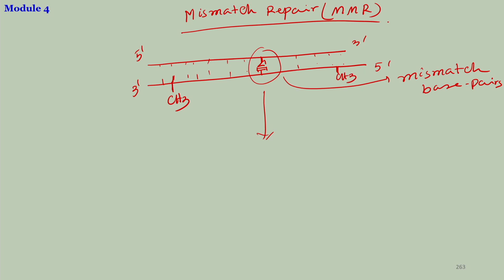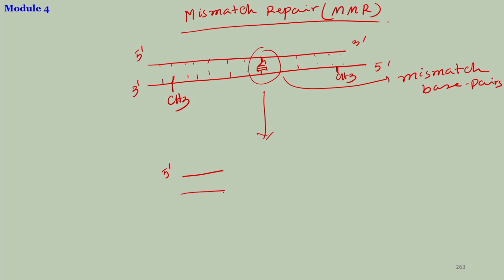In this mismatch repair, the enzyme will recognize the two methylated points closest to the mismatch, and then it will cleave off a certain part close to these methylated sites. So, it will recognize this and chop off in this part, at the 5 prime.